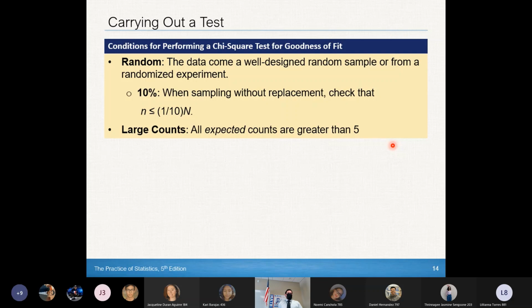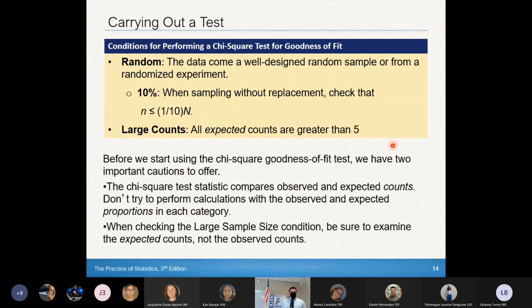And we must check the large counts condition, which in this case says that all expected counts are greater than 5. That is a greater than, not at least. It is a strict inequality, meaning it must be greater than 5, not equal to.